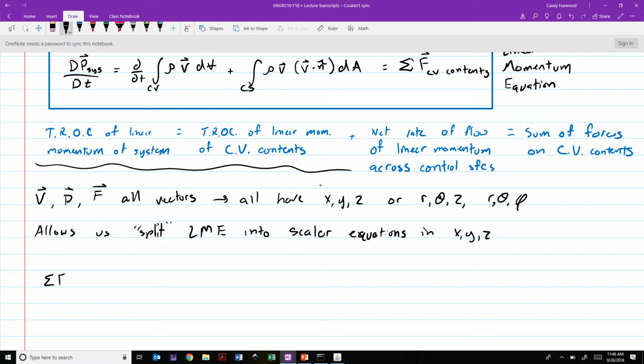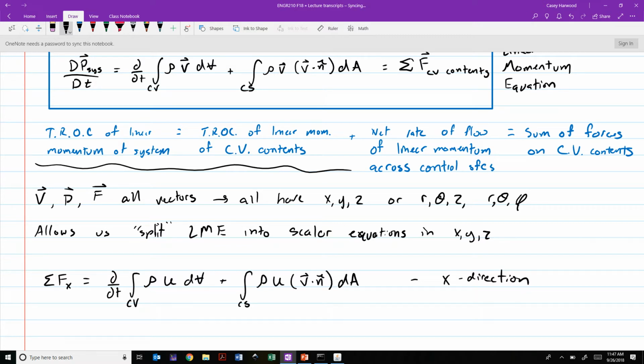So for example, we could write sum of the forces in x is equal to the time rate of change of the integral over the control volume of rho, the x component of velocity, which is going to be u, dV, plus the integral over the control surface of rho times the x component of velocity again, u, V dot n dA.